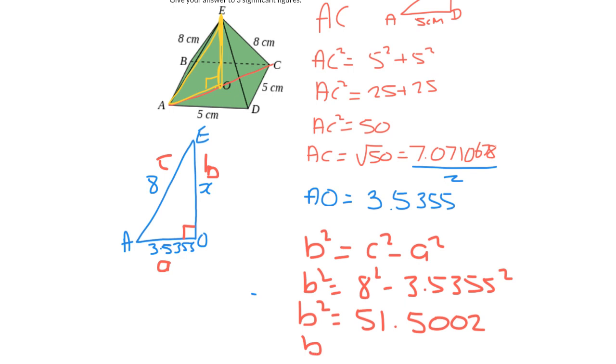So B squared, so B would be the square root of that, which will give me 7.17 centimeters.